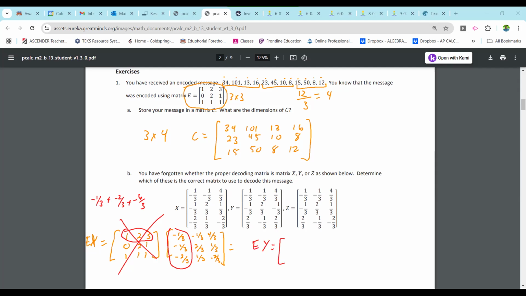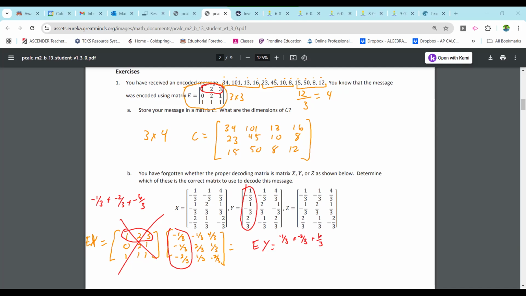And I'm just going to do this work here. So I'm going to take 1, 2, 3, and I'm going to multiply to this guy. This will be like my side work. I already know the pattern. So that's going to be 1 times negative 1/3, which gives me, 2 times negative 1/3 would give me, 3 times 2/3 would give me, for the sake of not confusing people, I'm going to say 6/3, but it is 2.